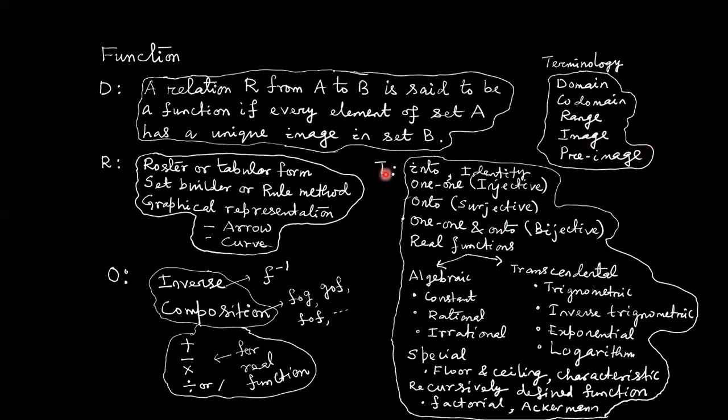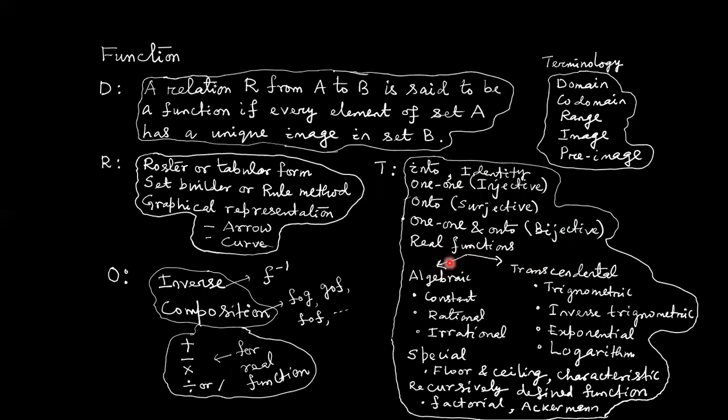We have different types: into function, identity function, one-one function, onto function, also known as injective and surjective function. If it is one-one and onto both, then that is known as a bijective function. Then we have real functions.